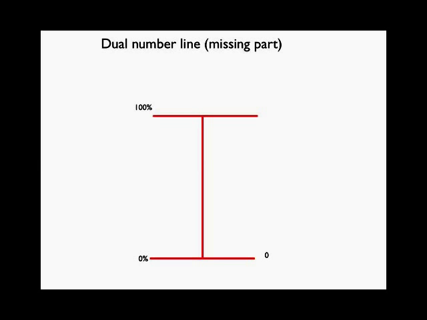Now let's use the dual number line to find the missing part. There are 60 books on the shelf and 20% are cookbooks. How many cookbooks? We set up our number line approximately where 20% would fall, and this is very good work for students to work on the number line and find where values are placed approximately.